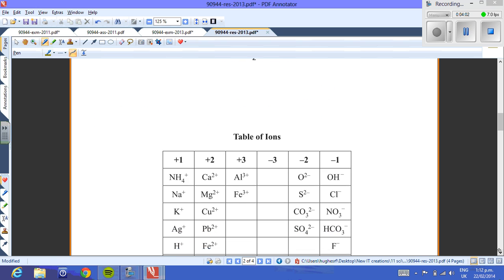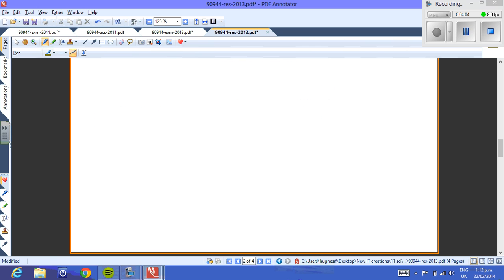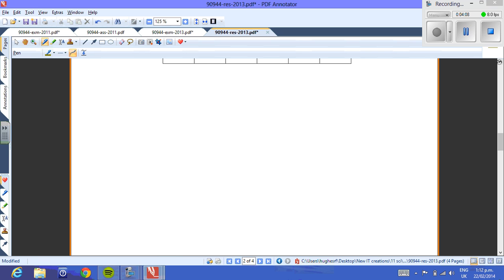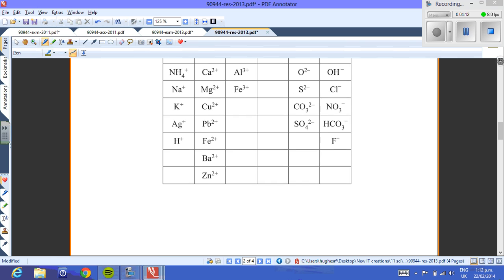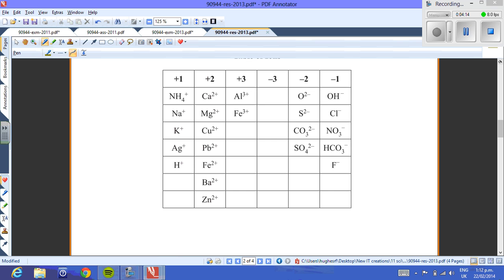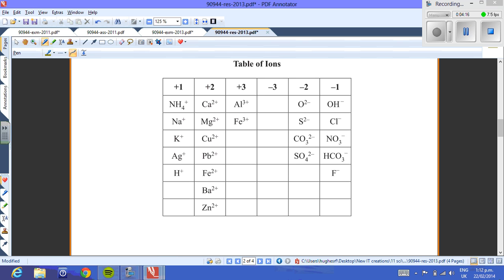I've made this point in class that the table of ions, let's go back up there for a second, the table of ions that you get on the resource booklet doesn't have any names with the ions. So you have to be capable of going through this table and saying, this one is ammonium, this is sodium, potassium, silver, and hydrogen ions.